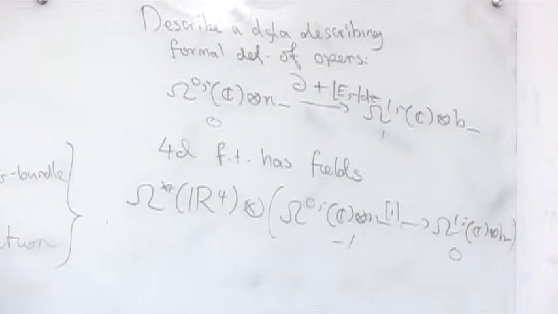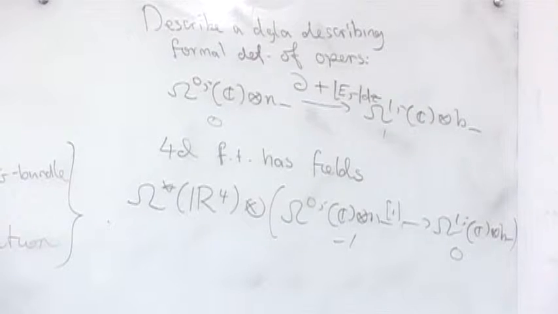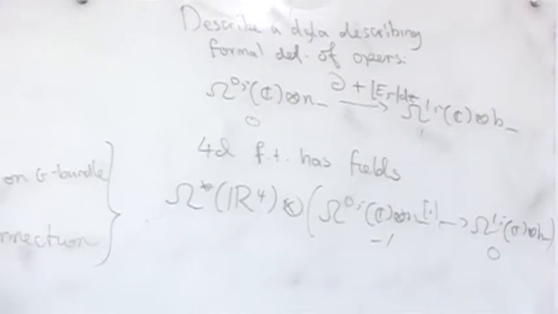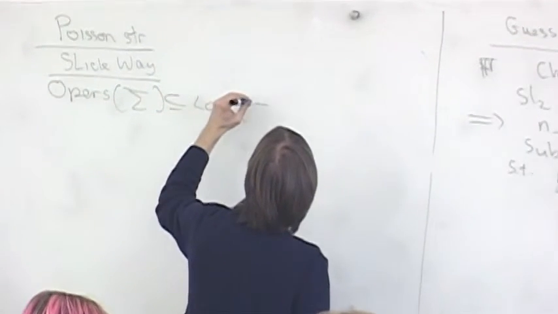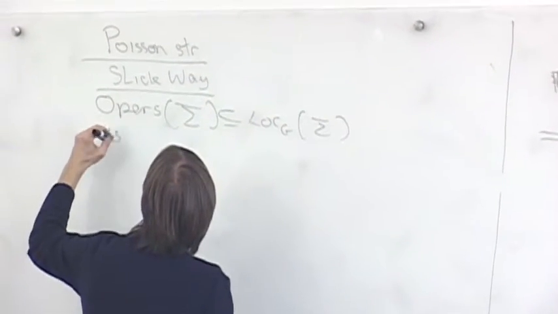Okay, so what's the Poisson structure? The slick way of saying it, which Nick and I talked about at some stage: take the complex of opers on sigma inside of Loc_G of sigma, which is Lagrangian.